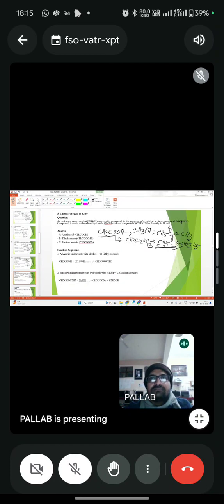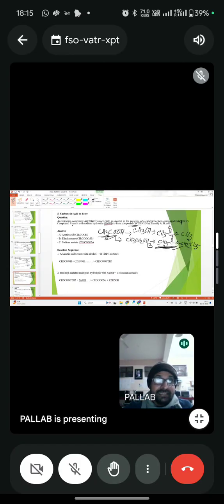Now when compound B reacts with sodium hydroxide, it will form compound C. There is also a printing mistake here, because an ester can't react with sodium hydroxide in such a way. An acid can react with it.